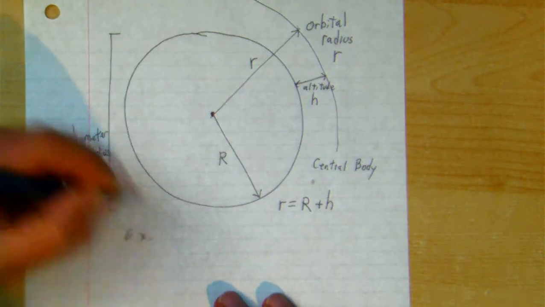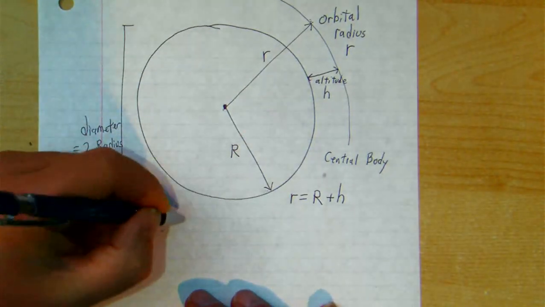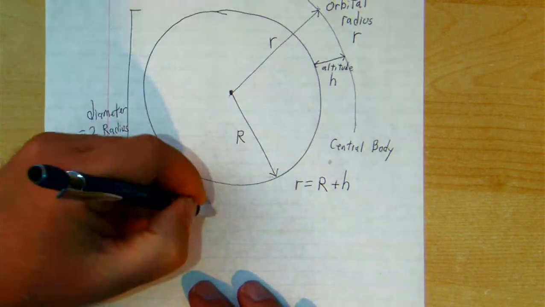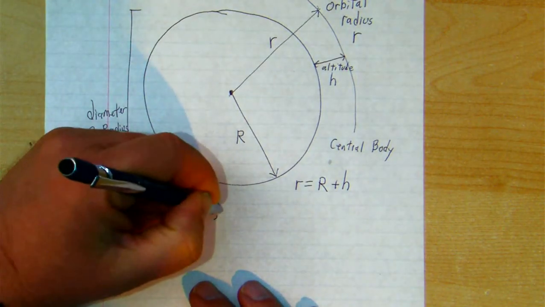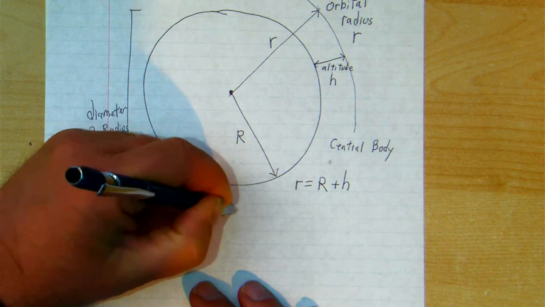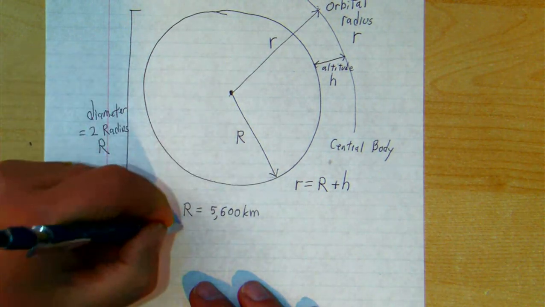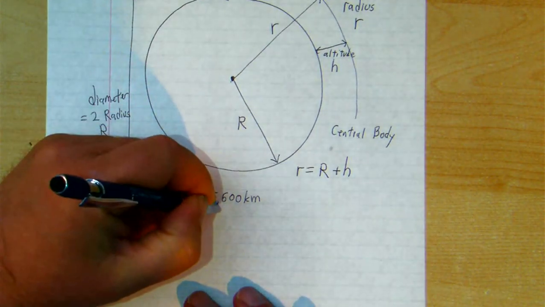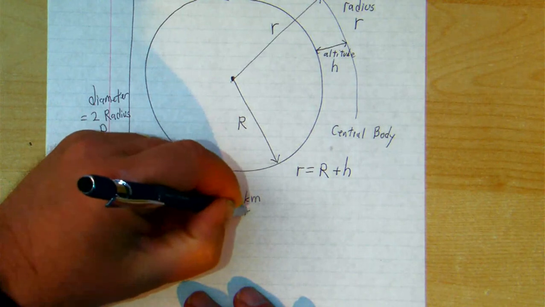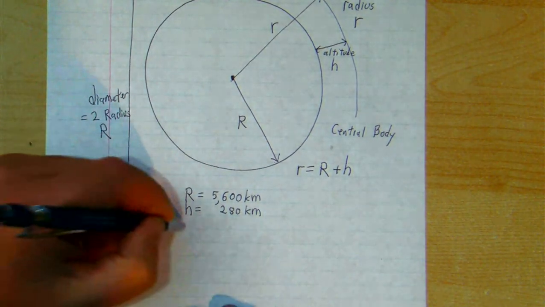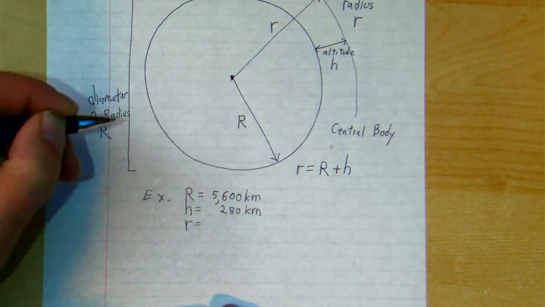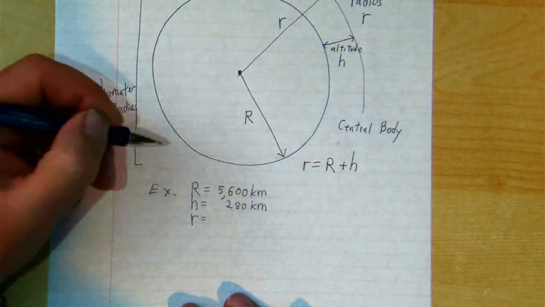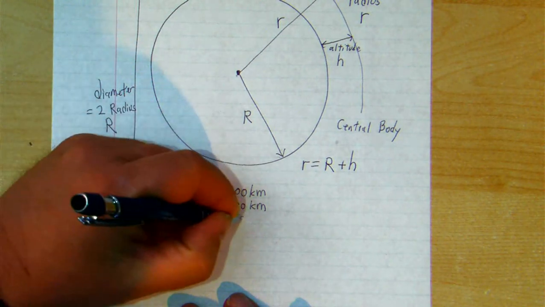For example, if I told you I have a body that has a radius of 5,600 kilometers, and I want to go into orbit that is 280 kilometers above the surface of that body, then the orbit radius, which is what we use in our calculations, would be the sum of these two values.